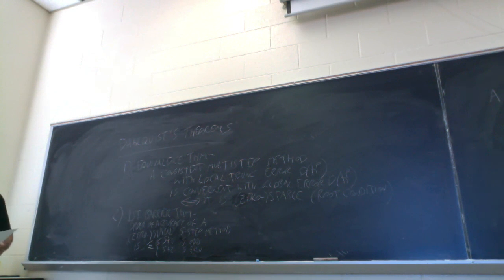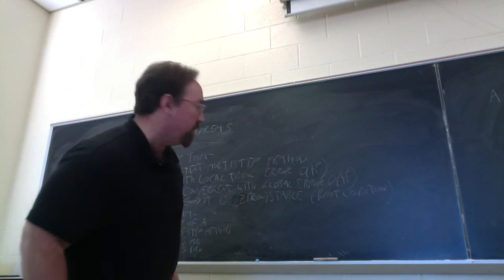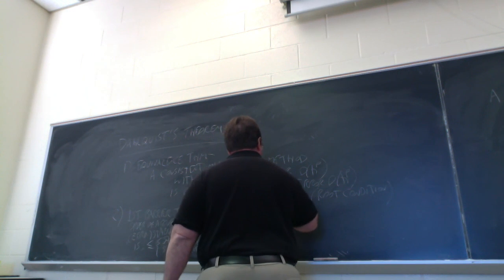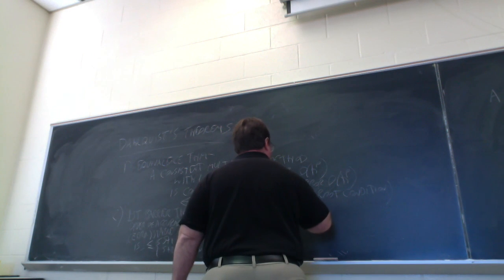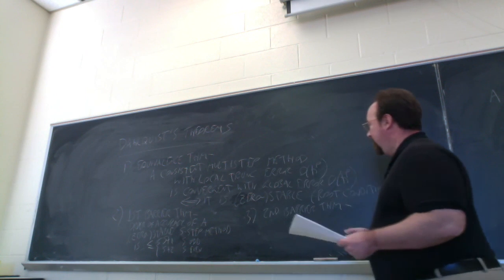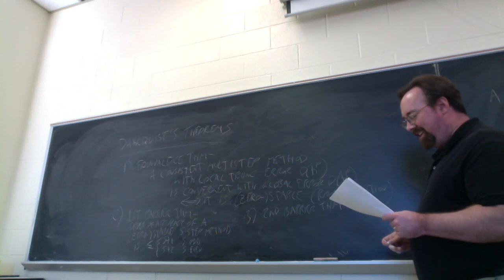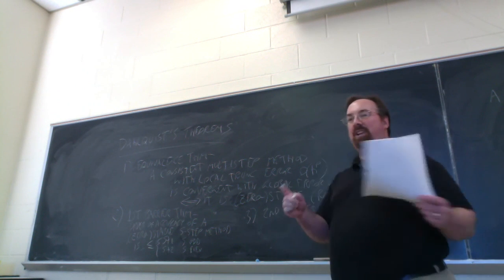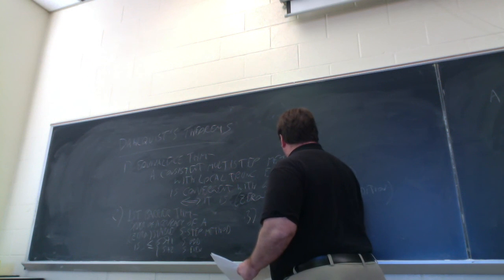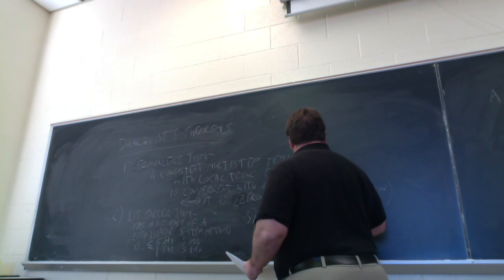Okay, and finally, I have 1 minute. The second barrier theorem, which is kind of a real bummer of a theorem actually, and this actually gets to your question. There is no such thing as an explicit A-stable method.